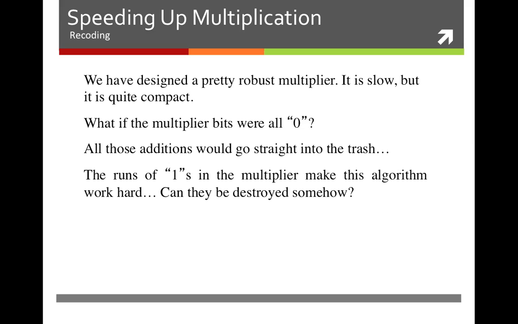Basically, those additions are not needed because adding 0 to an operand or to a partial product doesn't really change it, so we should not really be doing that computation. So that's one thing. Now, the other thing, of course, is that you have these ones.